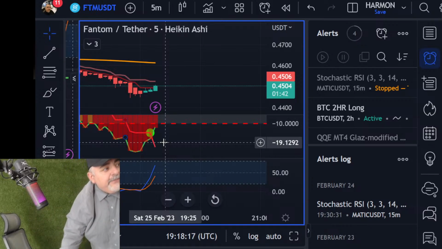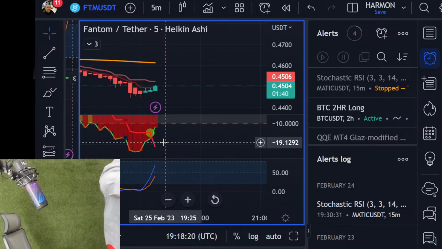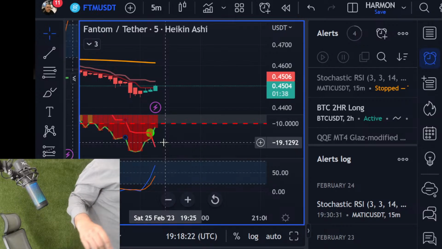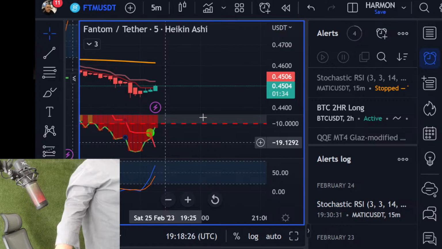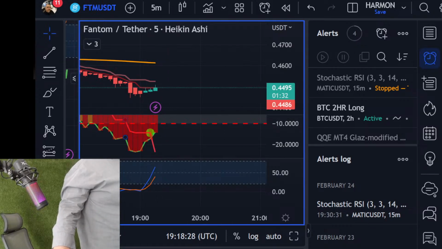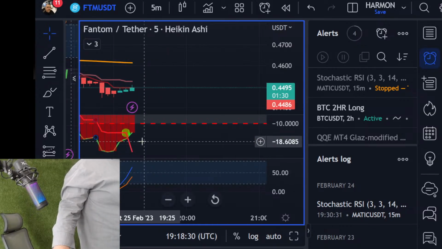So as soon as we get a red moon, we're going short, guys. Red moon, guys. I always want to get into trades, but I got to wait. I got to be patient. Here we go. Here we go, red moon. Come on now.